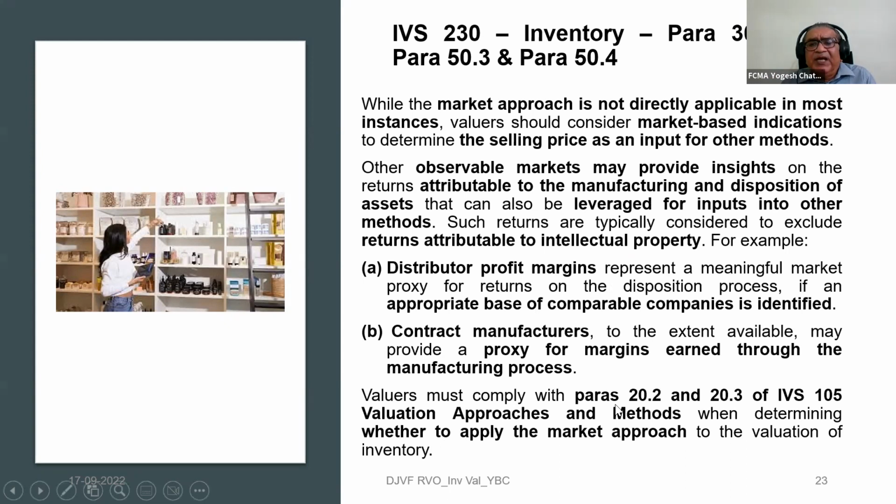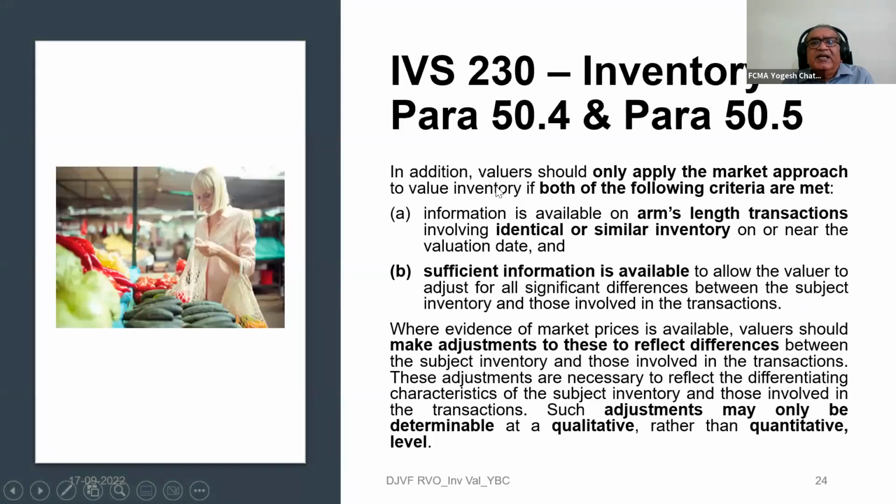Then the valuer must comply with para 20.2, subpara 3 of para 20 of IVS 105, which is on valuation approaches and methods, when determining whether to apply the market approach to the valuation of inventory. In addition, valuers should only apply the market approach to value inventory if both of the following criteria are met. So, important guidance is given to the valuer on when to apply the market approach.